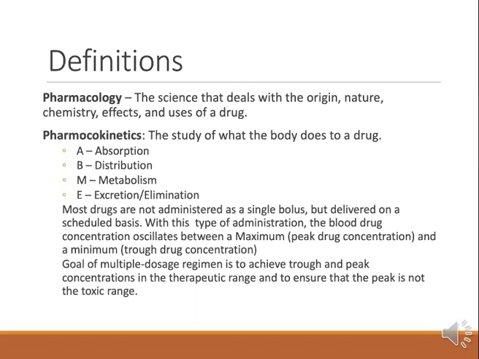So with this type of administration, the blood drug concentration oscillates between the maximum, which is the peak drug concentration, and the minimum, which is the trough drug concentration. So the goal of the multiple dosage regimen is really to achieve the trough and the peak concentrations in the therapeutic range, and to ensure that the peak is not in the toxic range.